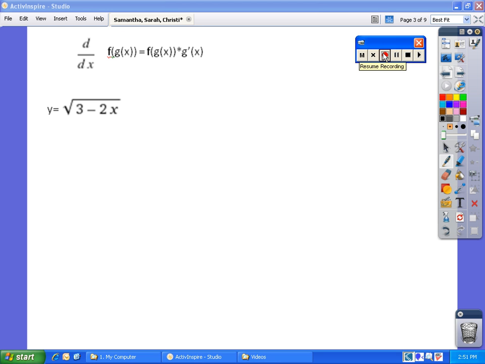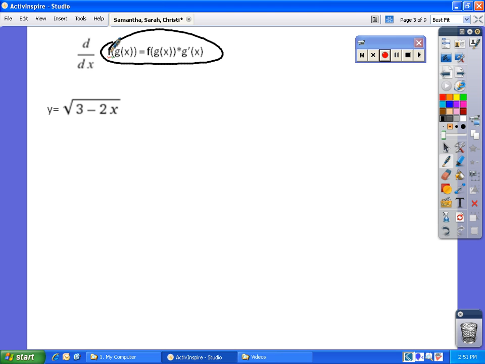Okay, hey guys, I have a chain rule problem, and that's the rule for the chain rule. You take the original problem and then you multiply it by the derivative of the inside. So I have y equals the square root of 3 minus 2x, which also equals 3 minus 2x to the 1/2. And personally, I think that's easier to do, so I'm going to do it that way.